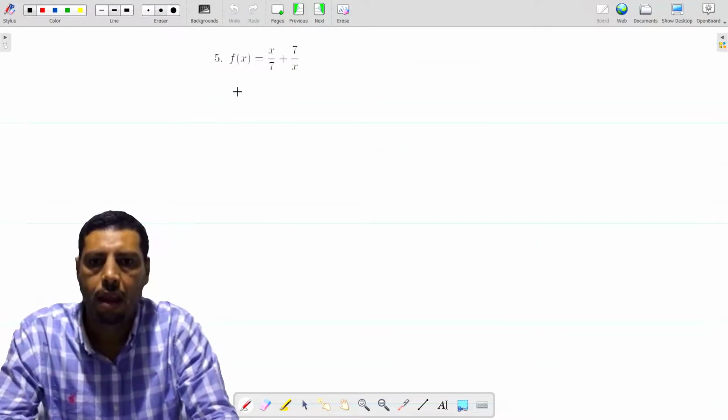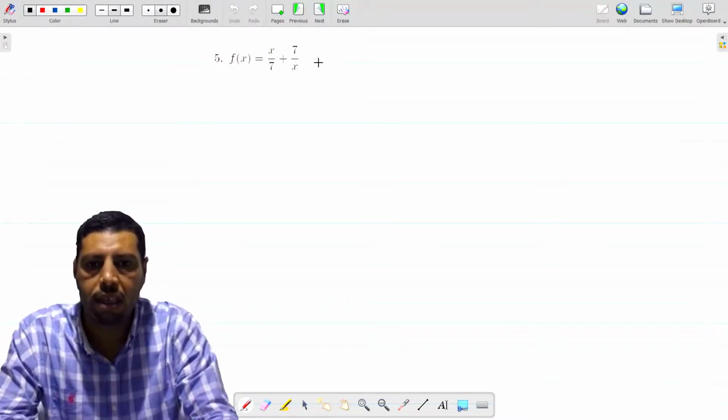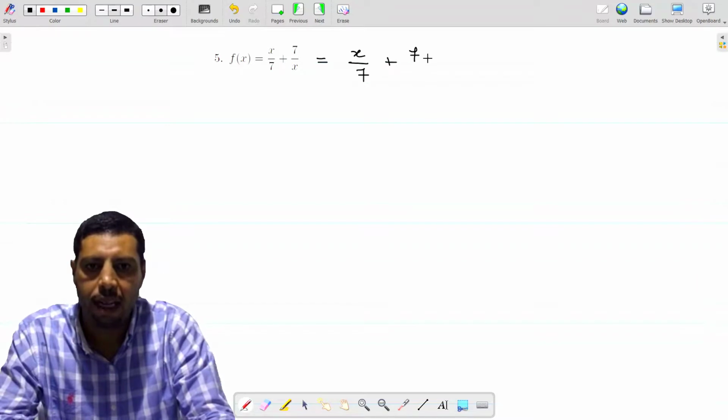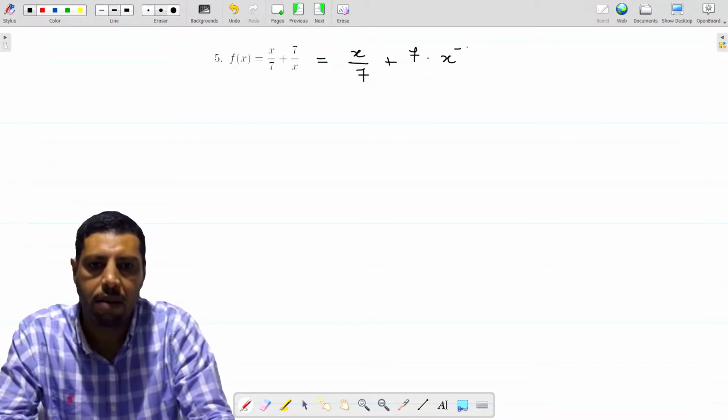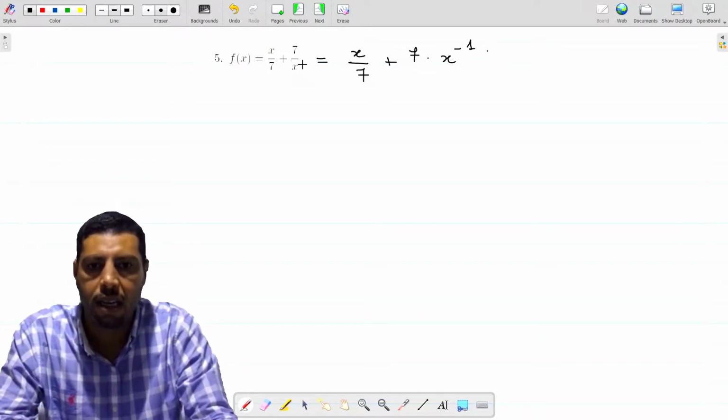Next one, f of x equals x over 7 plus 7 over x. The first term is easy to differentiate. The second term is 7 over x, so we have to rewrite it as a power of x. So it's equal to x over 7 plus 7, and we move the x from the denominator to the numerator, so we put a negative sign on the power, and it's x to the power of negative 1, since the x here is x to the power of 1.